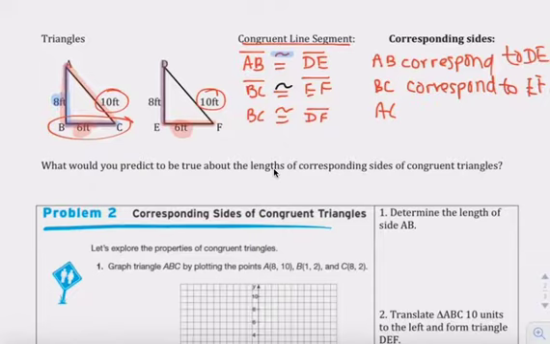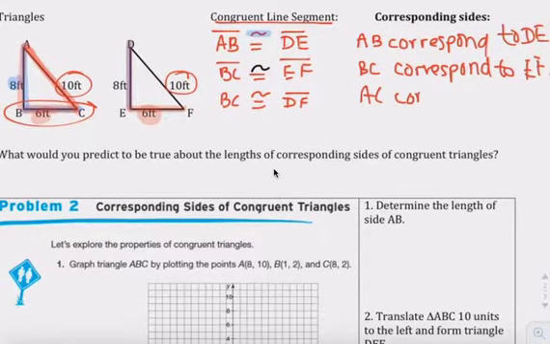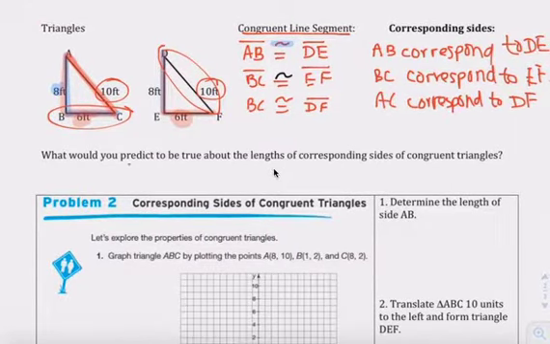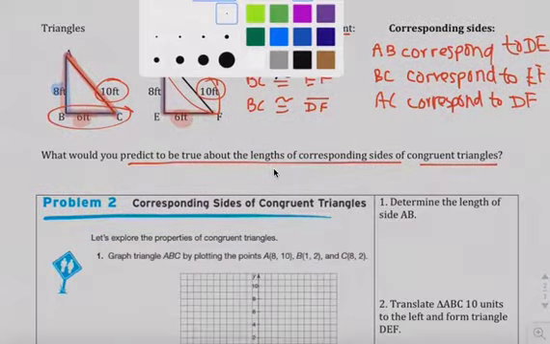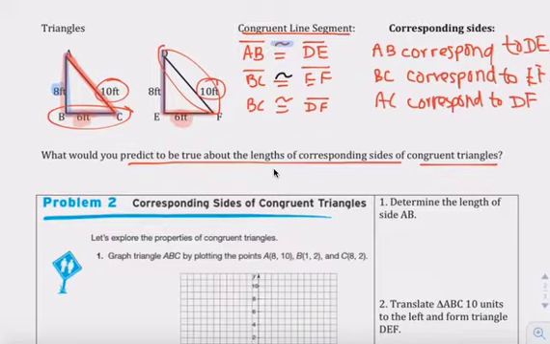AC right here corresponds to DF. They're basically the same length, same side, corresponding sides. What would you predict to be true about corresponding sides of congruent triangles? They're congruent. Corresponding sides are congruent sides.